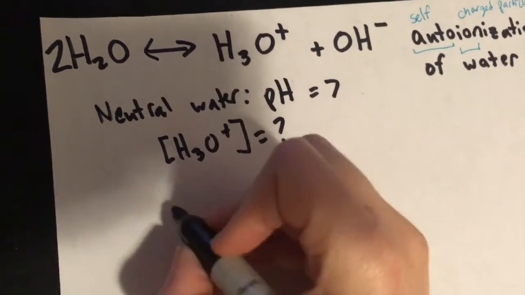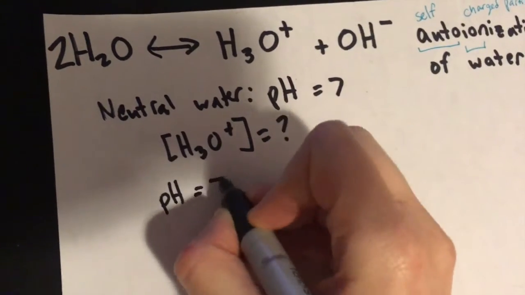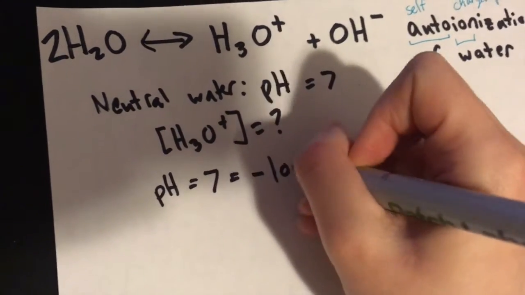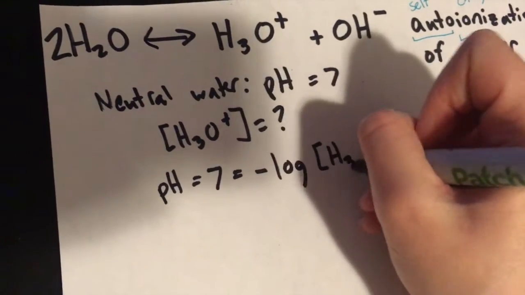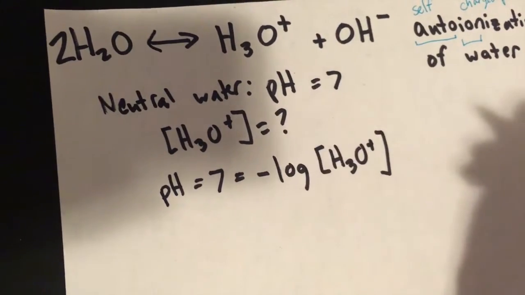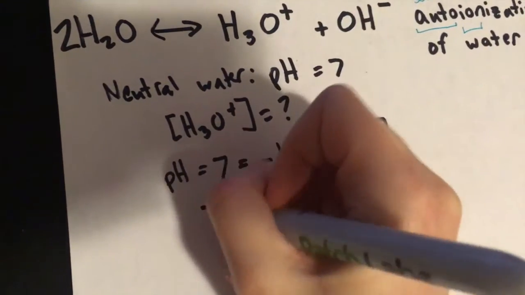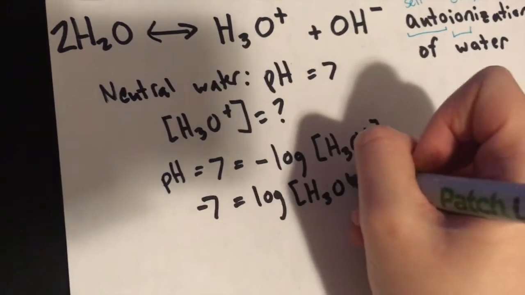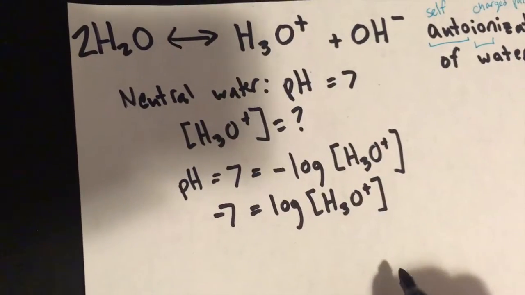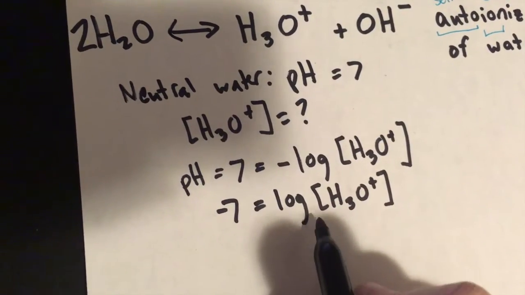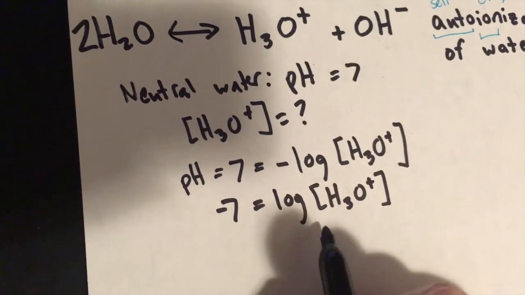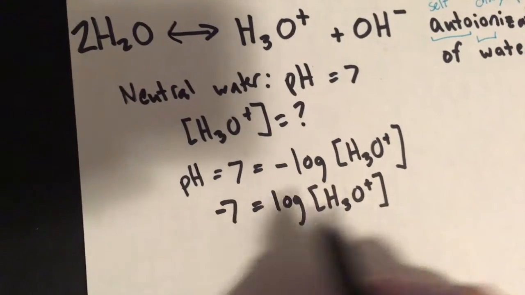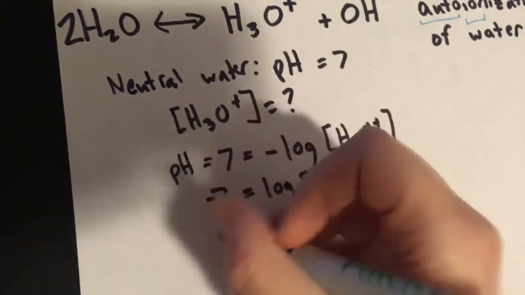Using the pH, we know that the pH, that's 7, would equal the negative log of the concentration of H3O+. So we can multiply both sides by -1. -7 equals log of H3O+, or you could write log of X if you prefer. To reverse the log, we would take 10 to the power of both sides, right? This log is saying 10 to this power equals this variable.